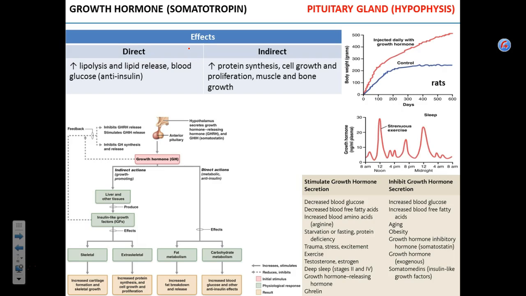Now, let's take a glance. So you have the hypothalamus. The hypothalamus produces growth hormone releasing hormone, GHRH. It's a tongue breaker. So you have GHRH, which then stimulates the production of growth hormone here in the anterior pituitary.